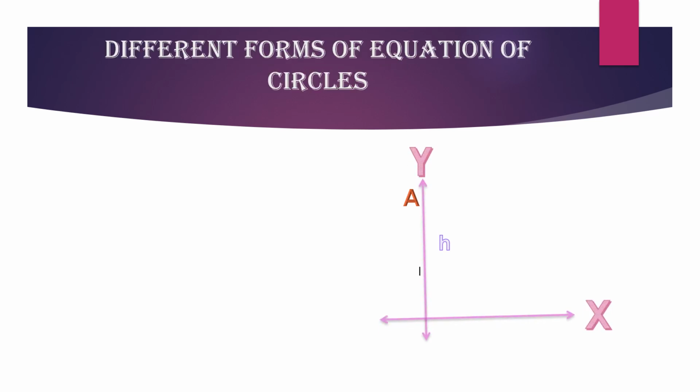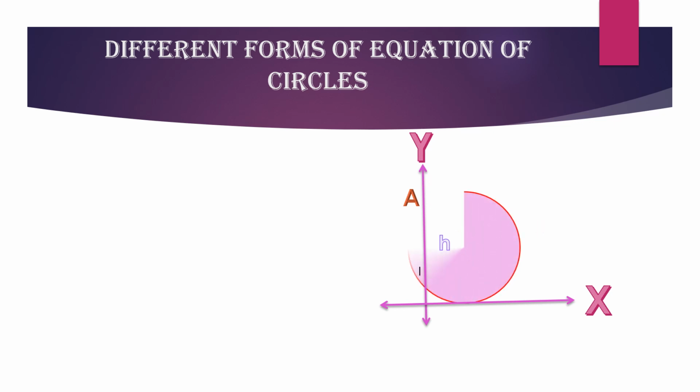Another form of equation of circle. Here we observe the diagram. In this, the circle touches the x-axis and cuts off intercepts on the y-axis at the points A and B, having the length 2l, and the center of the circle is (h, k).